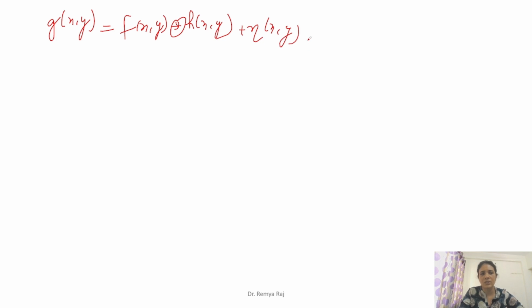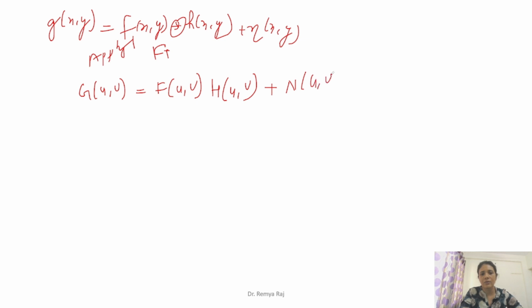This is equation number 1, which we got from the previous restoration filter. By applying the Fourier transform we get G of u comma v equal to F of u comma v into H of u comma v plus N of u comma v. We can give this as equation number 1.